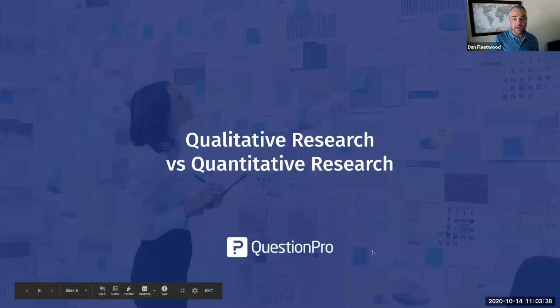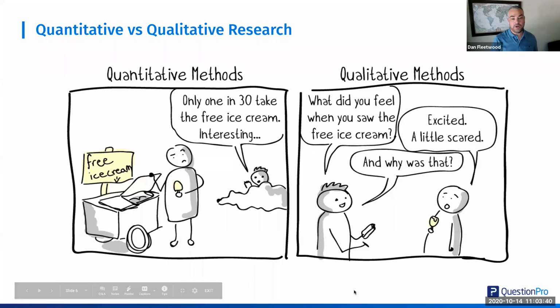All right, well, let's dive right in. So I wanted to start with an interesting comic here. And I think this explains pretty clearly what the difference is between quantitative and qualitative methods. So quantitative methods, you see on the left there: free ice cream, only 1 in 30 take the free ice cream. Interesting.